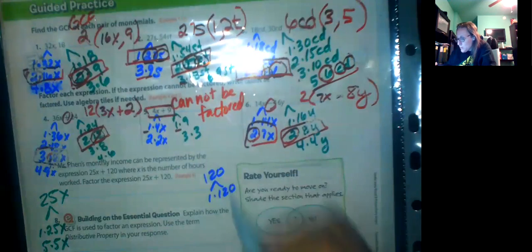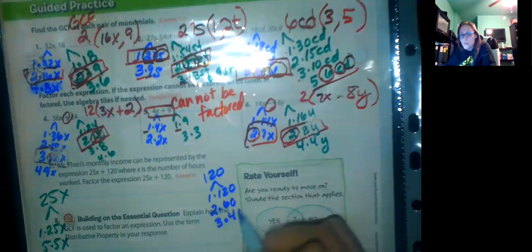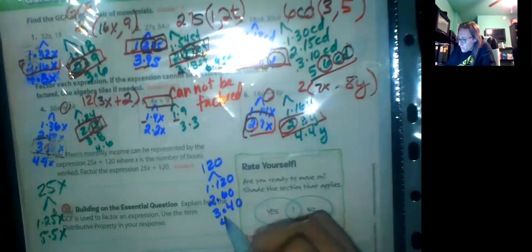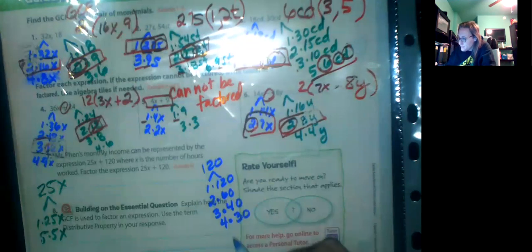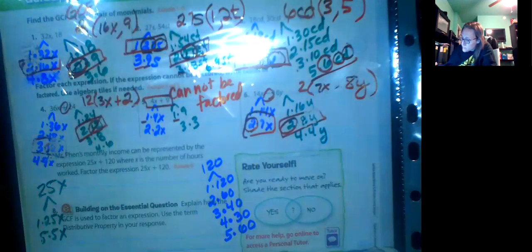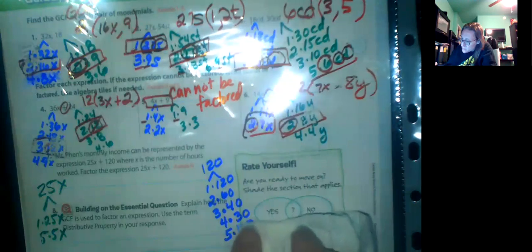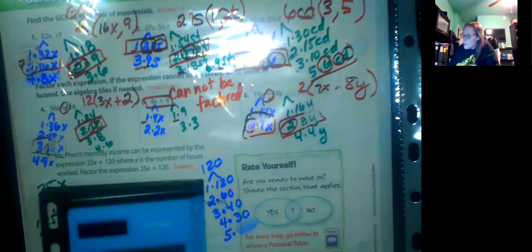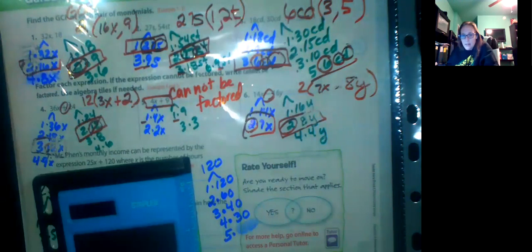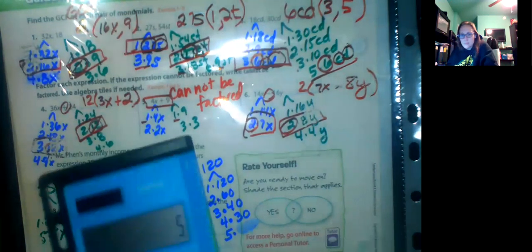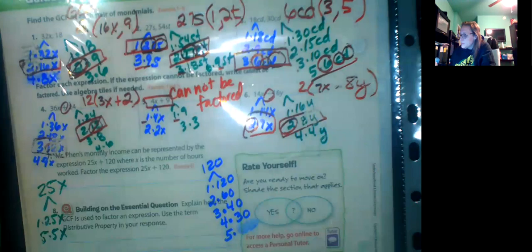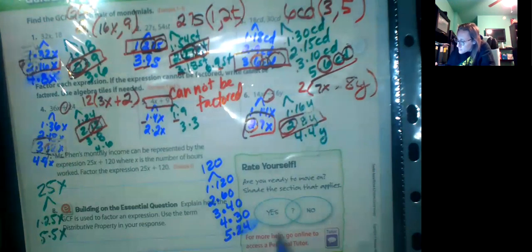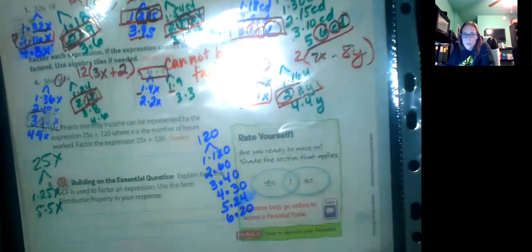So 1 times 120, 2 times 60, 3 times 40, 4 times 30, 5 times... so 120 divided by 5 gives us 24. 6 times 20.